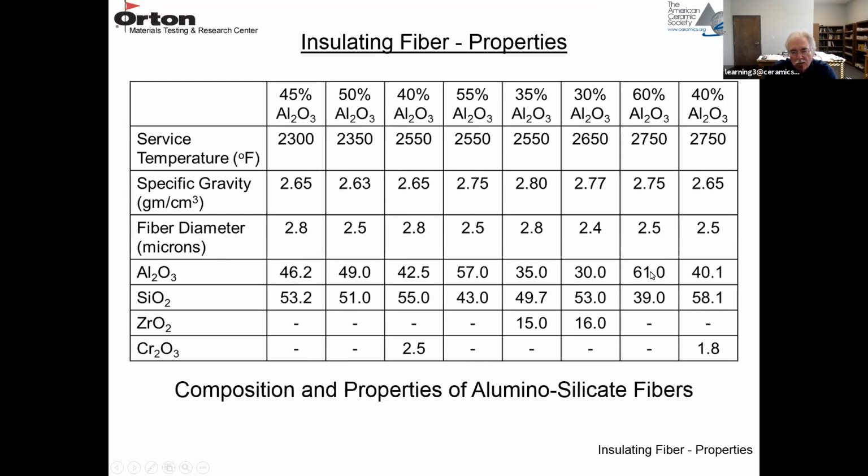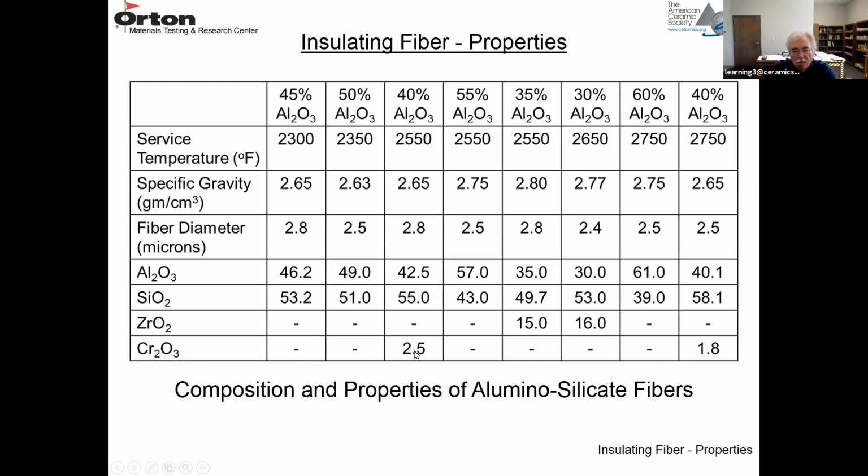These are the alumina contents that correspond to what they're rated for. The balance is silica, except in a few cases here, in this one and this one, some Cr2O3 has been added to enhance the properties.